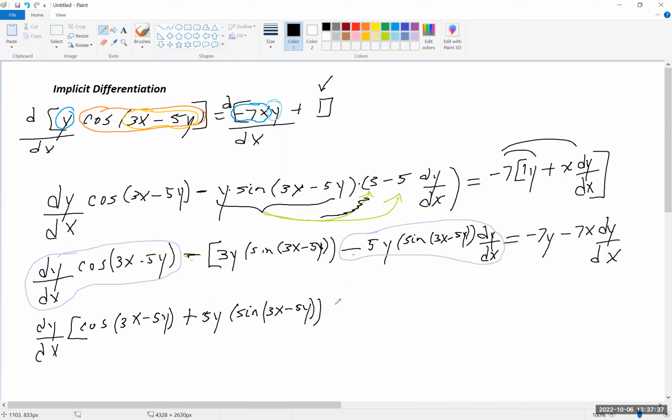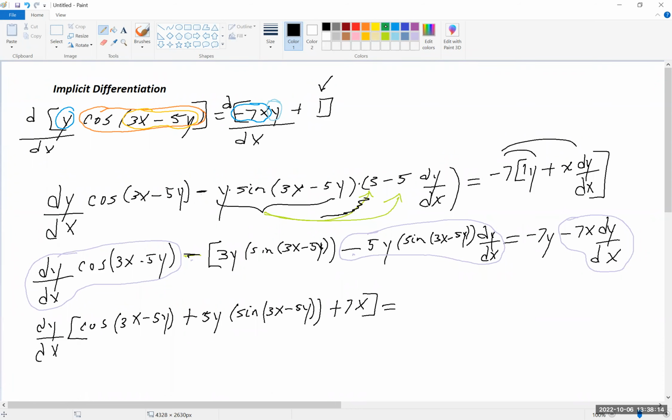And then I'm going to do two things. I'm going to move this to the left, so the minus sign is going to become a plus sign. And of course, factor out the dy dx. So plus 7x. And the dy dx part is already here. All right. Now I'm going to move the rest to the other side.